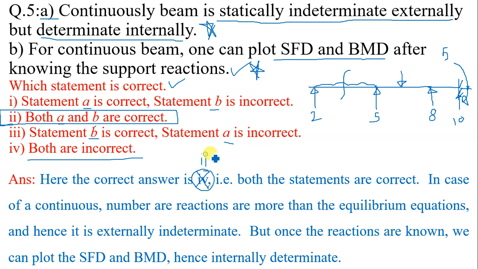Here the correct answer is 2, that is, both A and B are correct. In this way you can justify your answer. It is externally indeterminate but internally determinate, and once the reactions are known, we can plot the shear force diagram and bending moment diagram.